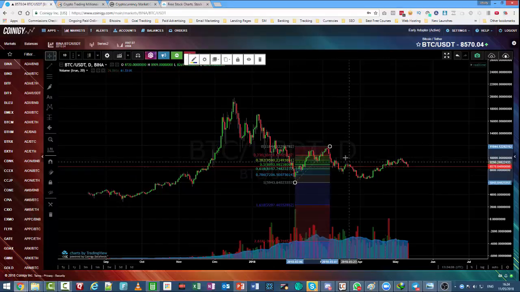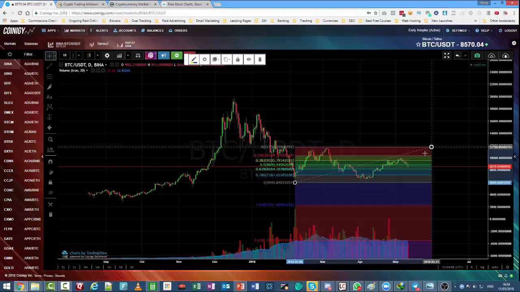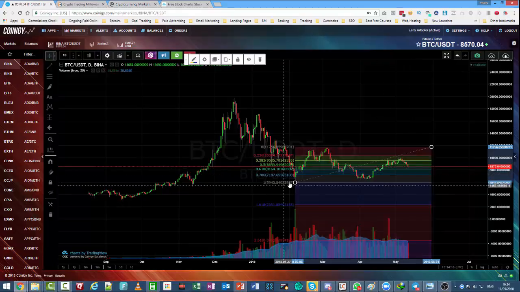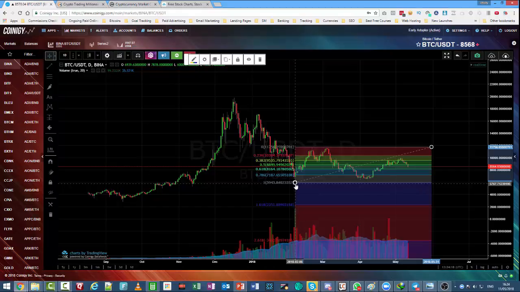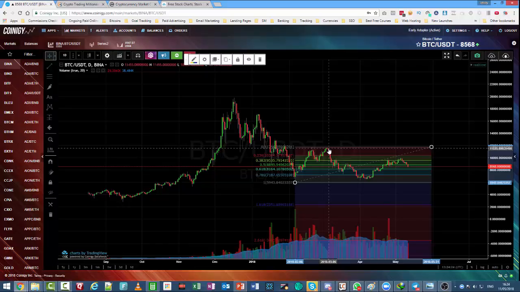It seems that right now we are at about 55% retracement, from February the 5th till the highest point, which was the 6th of March recently. So from the 6th of March, that highest point right here, we're about 55% retracement.